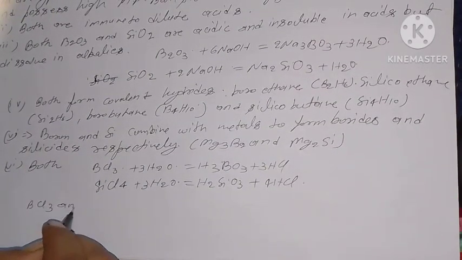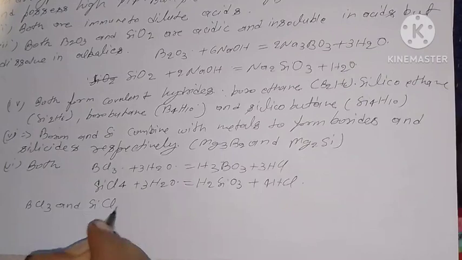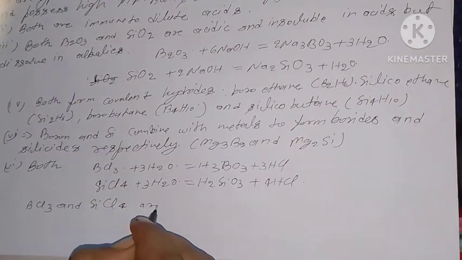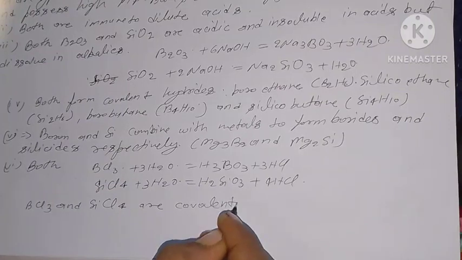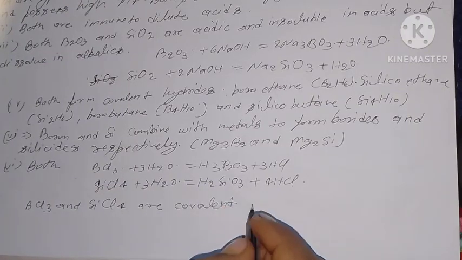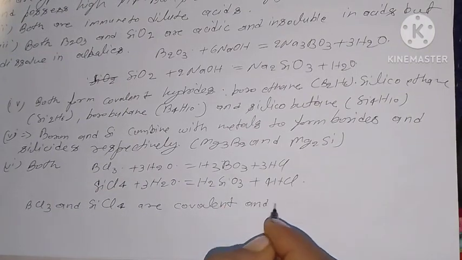BCl3 and SiCl4 are covalent and monomeric.